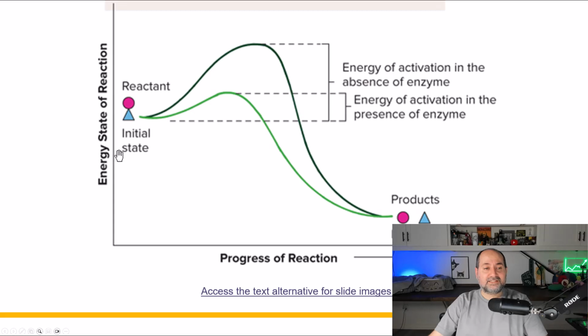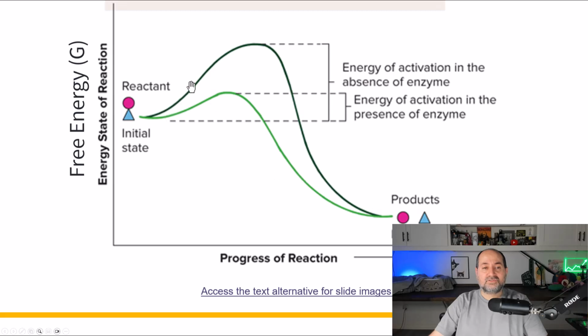Another way of stating energy state of the reaction is free energy, remember, or G for free energy. Notice how the reactants have a high initial state, a high free energy to begin, a high G value to begin. They have a low G value when they're products.